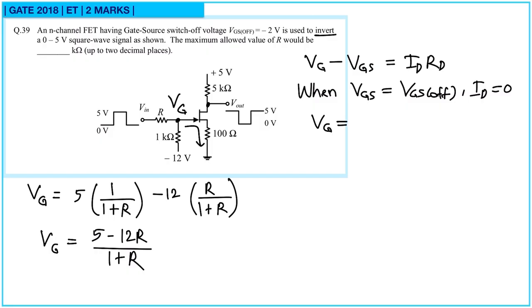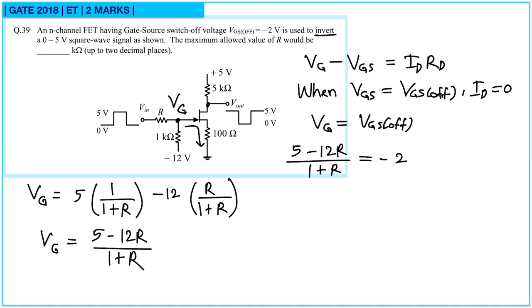That means Vg will be equal to VGS off. VGS off is given as minus 2 volt, and Vg is this. So 5 minus 12R upon 1 plus R is equal to VGS off, that is minus 2 volt.